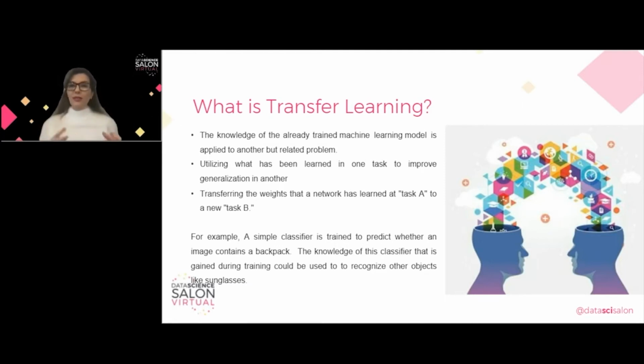So this way we can digest the concept of transfer learning. The example here is that a simple classifier that is trained to identify a backpack in an image can be utilized to identify other objects in the image, such as sunglasses, for example.